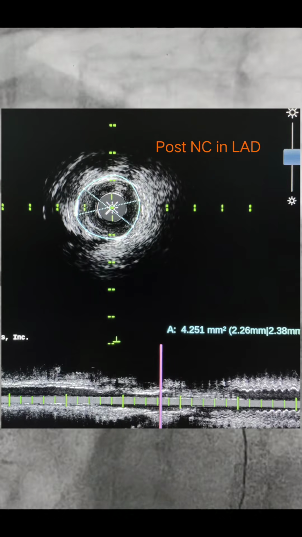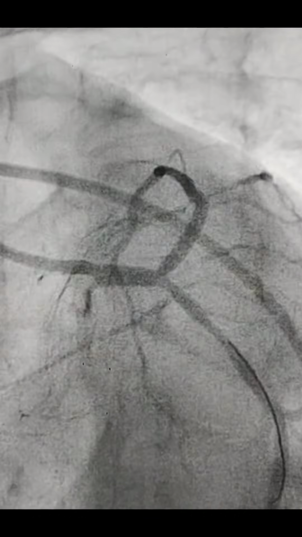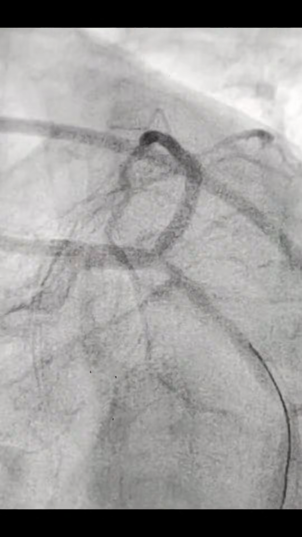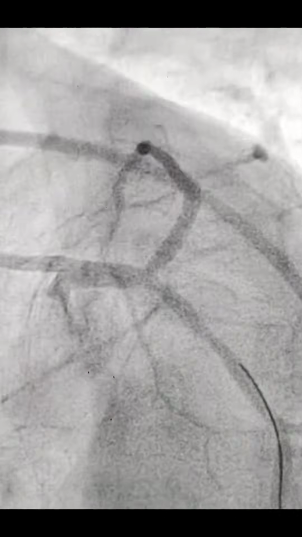And with the help of IVUS, we saw there was no underexpansion of the stent, there was no edge dissection, and everything went well in this angioplasty of left main to LAD, and the patient shifted to ICU with normal hemodynamics. So this was the complex angioplasty of LM to LAD, provisional stenting in this evolved anterior wall ST elevation MI after 4 days, and the patient is stable.